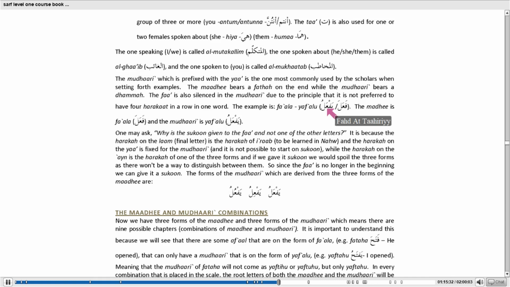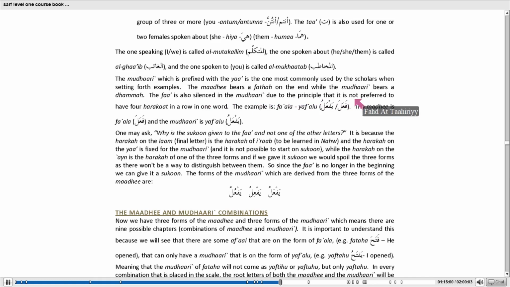So we're always silencing the fa in the mudari'. Clear? And it's silenced due to a principle.